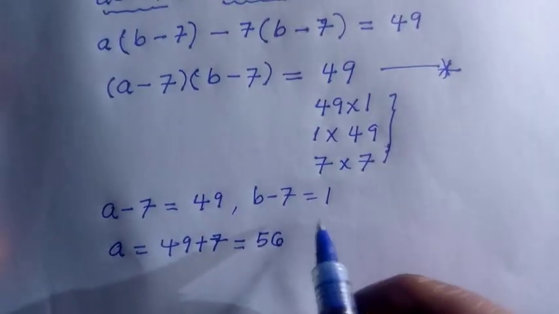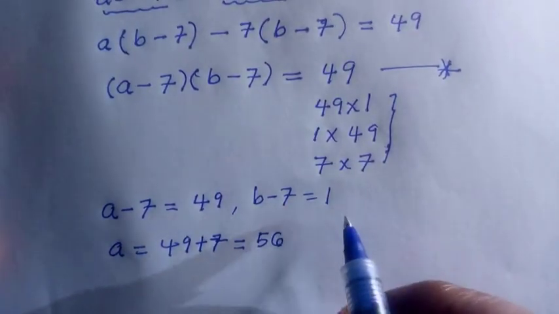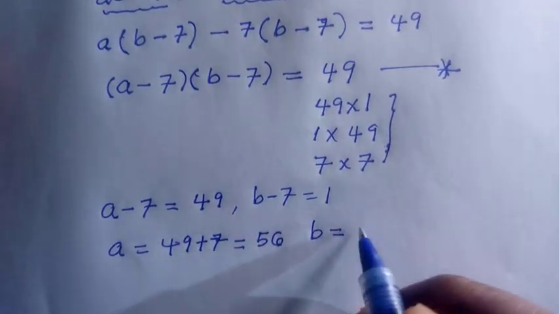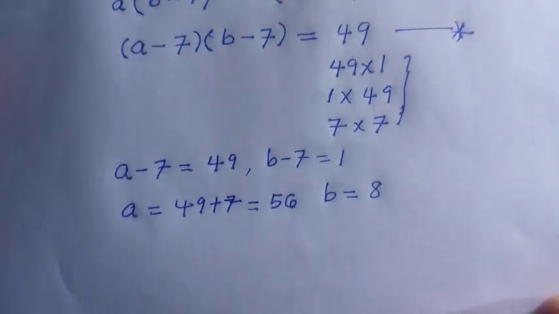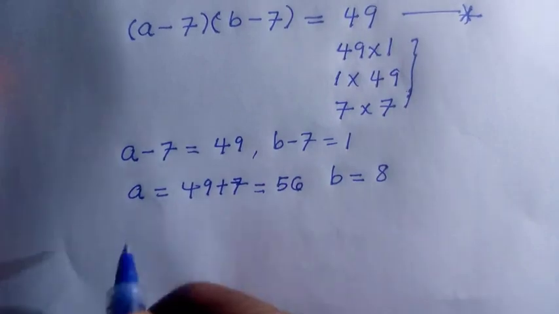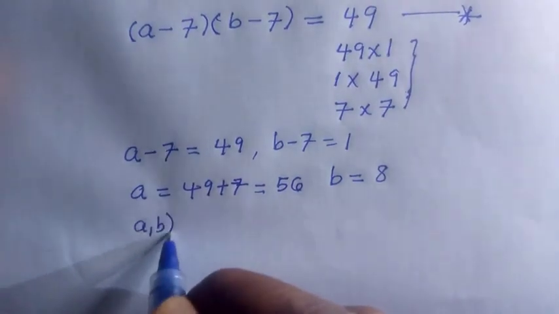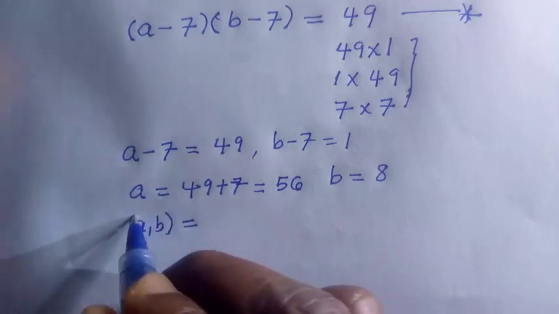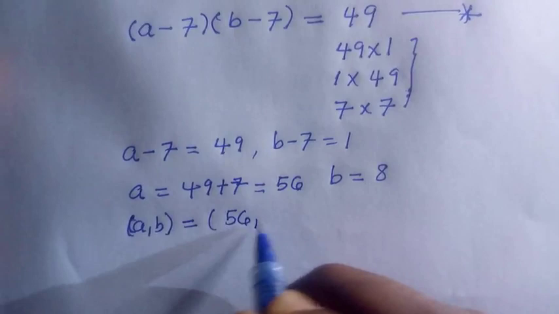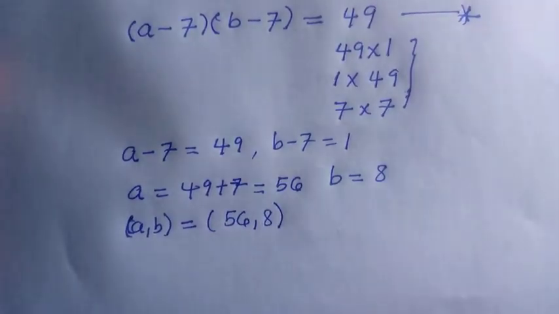Similarly, we have b minus 7 equals 1. By transferring 7 to the other side and adding it here, it becomes 8. Therefore, a equals 56 and b equals 8. Let me write it like this: a comma b equals 56 comma 8.